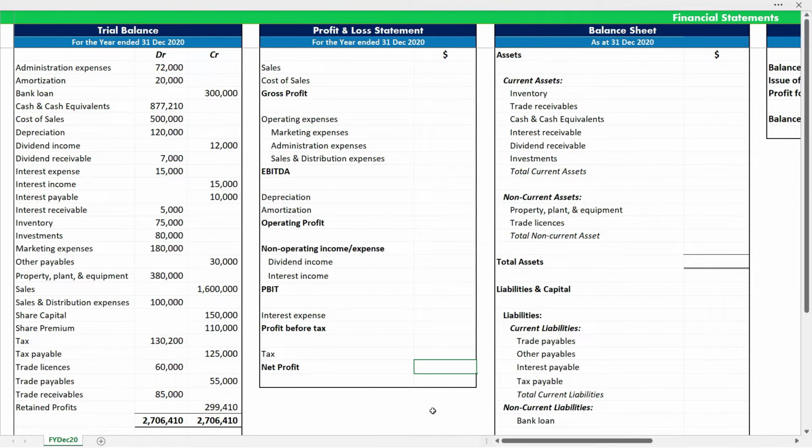Once we calculate that, we will merge that with this retained profit and that will go to the balance sheet. So I repeat, all of these values are ready to go to the P&L and balance sheet. But this value of retained profit will also be compiling the net profit from this year, and then that will go to the balance sheet.